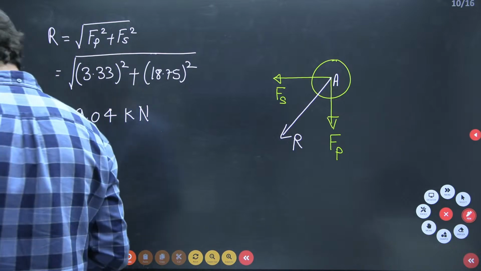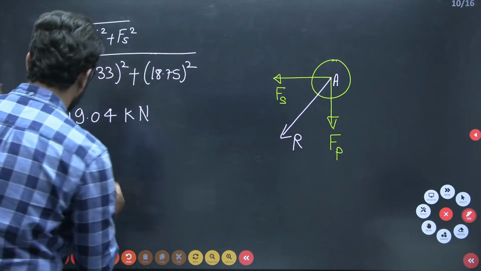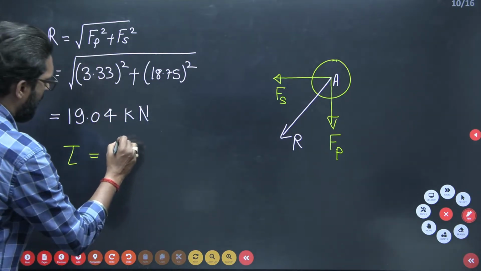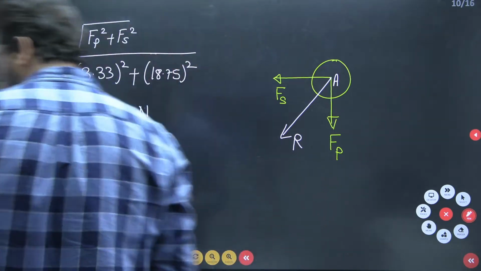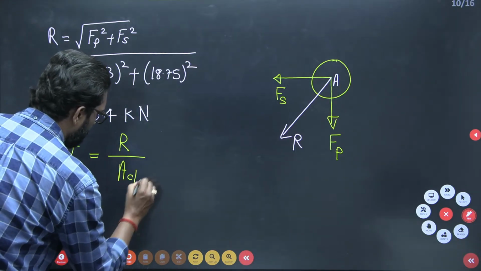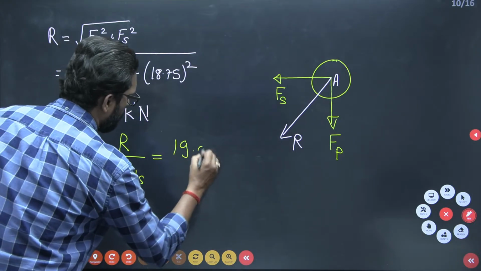Now, what is the maximum? A and C. What is the maximum? This force R divided by the cross section area. What is R? 19.04.